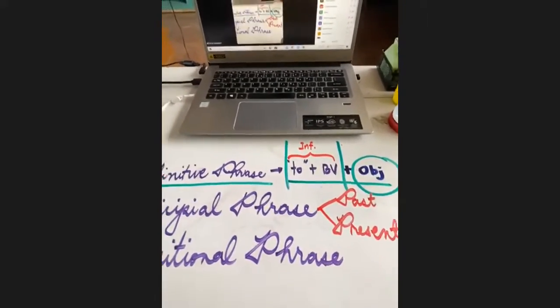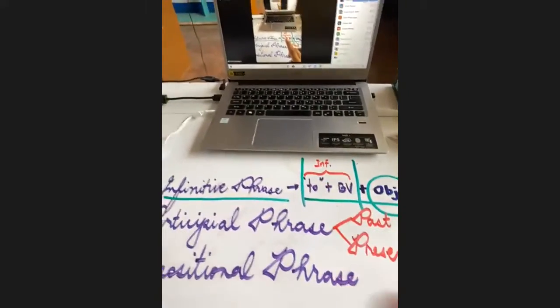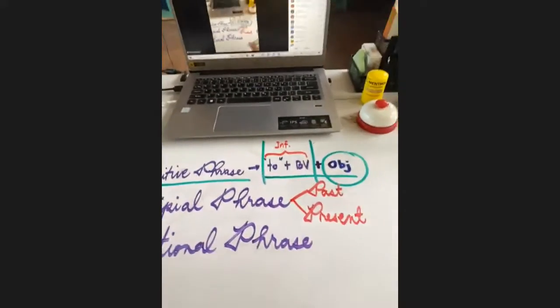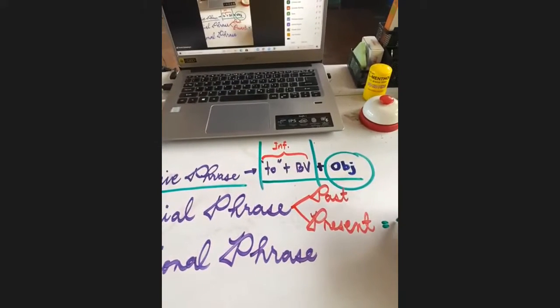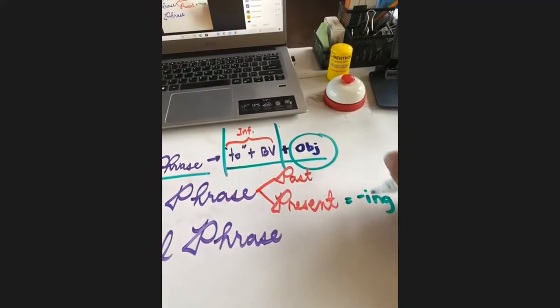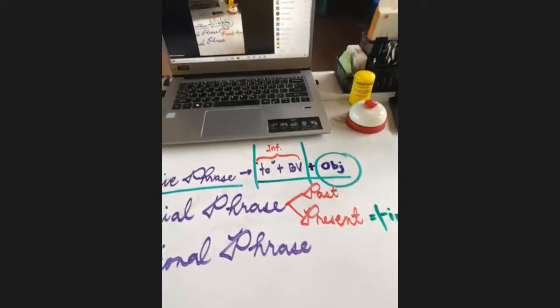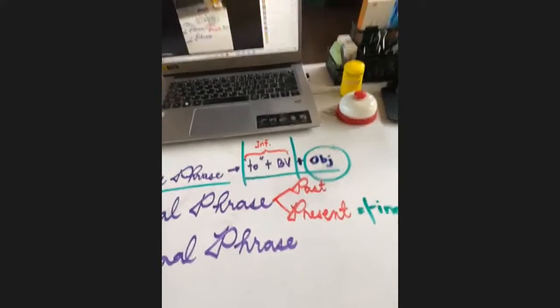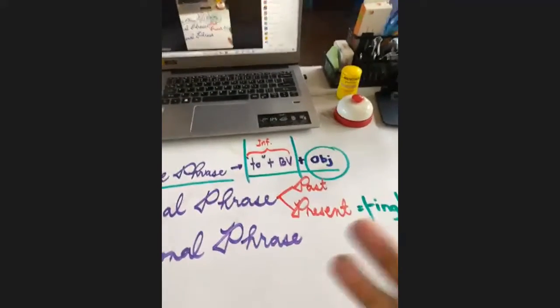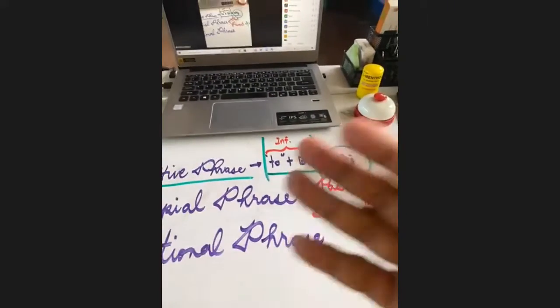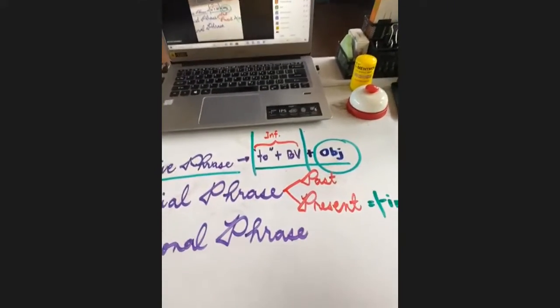Present participles look like gerunds. We have that when we had a discussion on nouns. Present participles look like gerunds. They end in ing. While past participles can be formed in several ways, depending on it being a regular past participle or an irregular past participle.